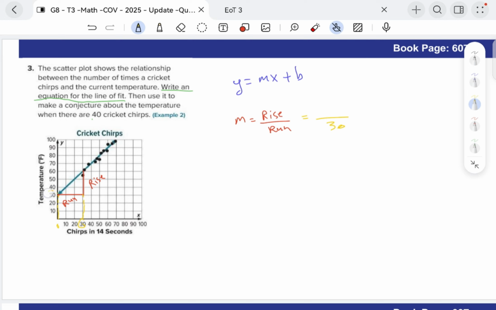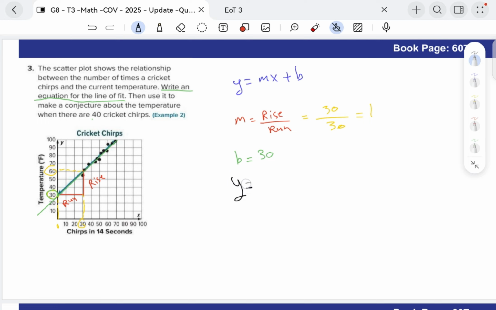And the change in y from 30 to 60, the change is 30. 30 divided by 30 is 1, the slope is 1, and the y-intercept b is the initial value where the line intersects with the y-axis. They intersect here at y equal to 30. So the y-intercept is 30.